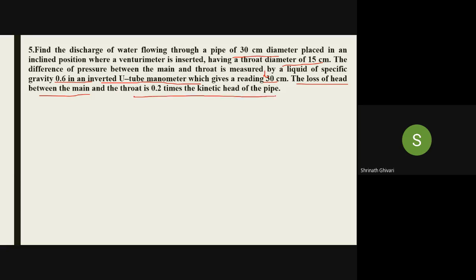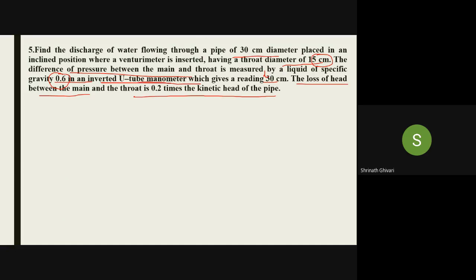So water is flowing through the pipe of diameter 30 centimeter, and we connect a Venturimeter with throat diameter 15 centimeter.